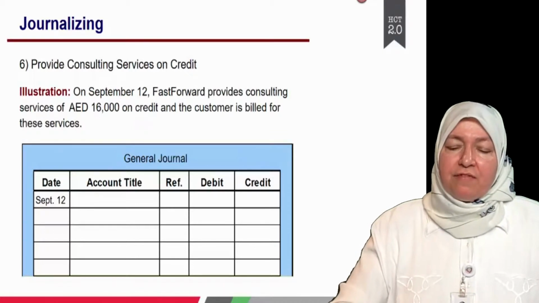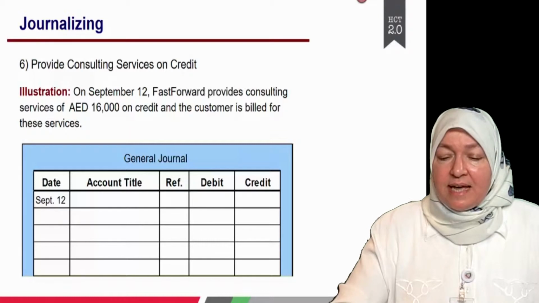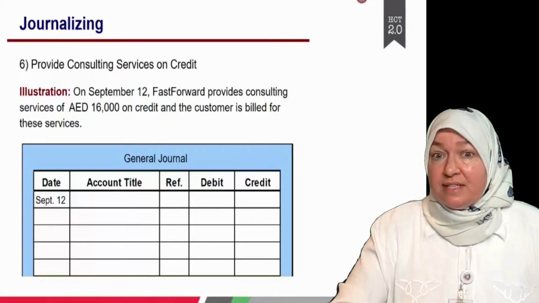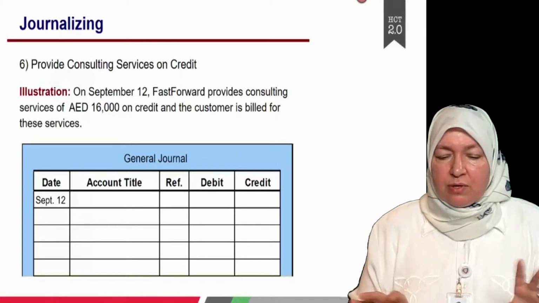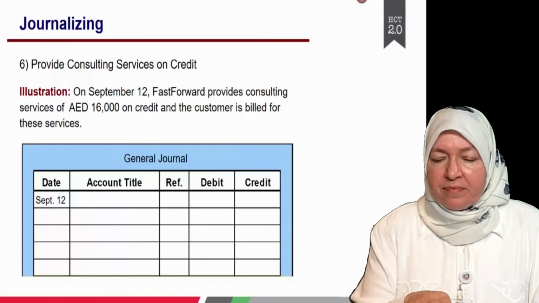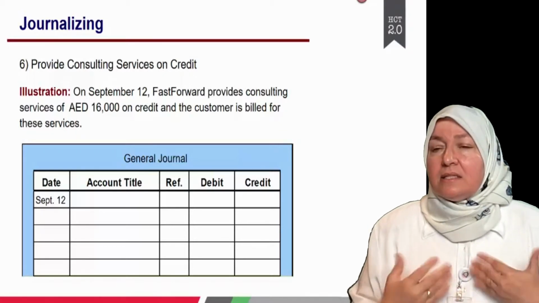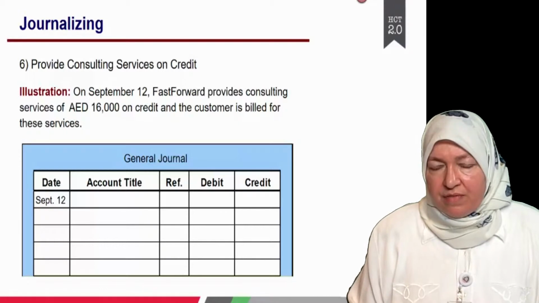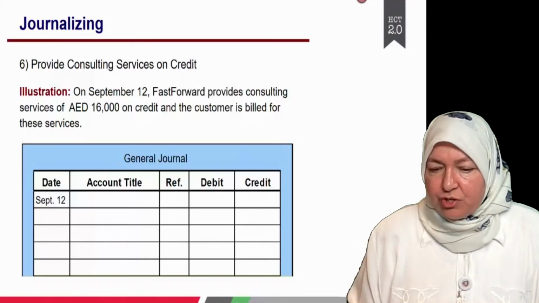On September 12, Fast Forward provides consulting services of 16,000 on credit, and the customer is billed for these services. Now, here we don't have cash, so we'll start with consulting services. Consulting services is, as we said, the revenue of the company because it's completed, and it's the same as its operations.